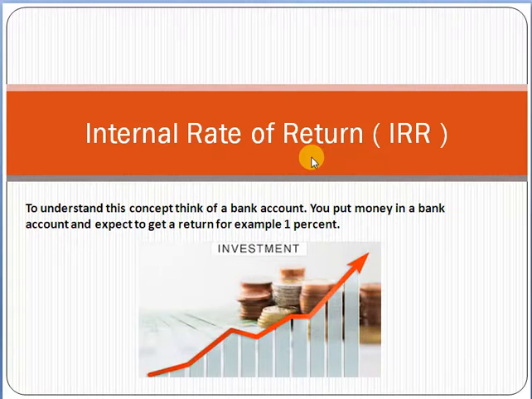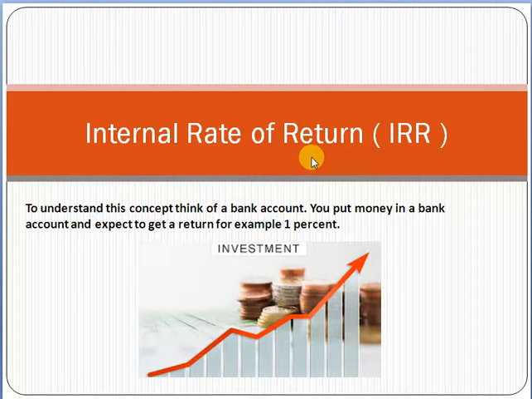If you have $1,000 in your pocket and you deposit this $1,000 in a bank account, you have put money somewhere and now you are expecting some return on your money. For example, after 1 month you are expecting 1% on your investment.